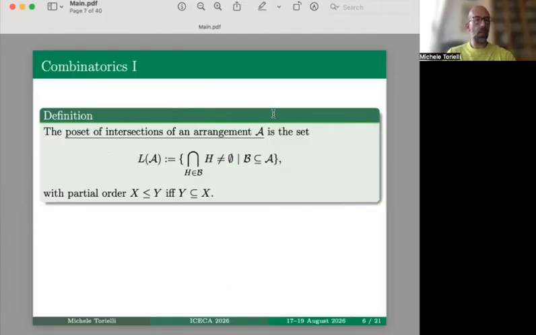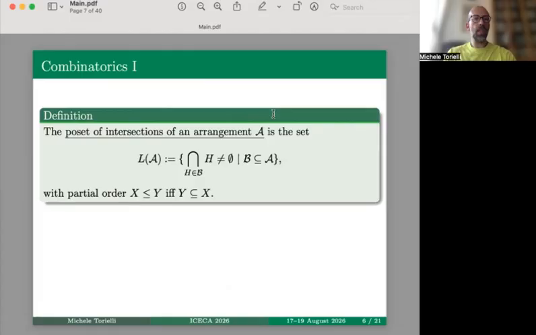One of the first that people usually look at is the combinatorics of the arrangement. This comes from looking at the intersection poset, which is nothing else than a matroid. What we do is take L(A) and look at all the possible intersections of the hyperplanes in A. Basically, we start with the empty intersection, so I have the whole space K^l. Then I have all the hyperplanes, and then I start to intersect 2 hyperplanes, 3, 4, 5, until I have no more possibilities.